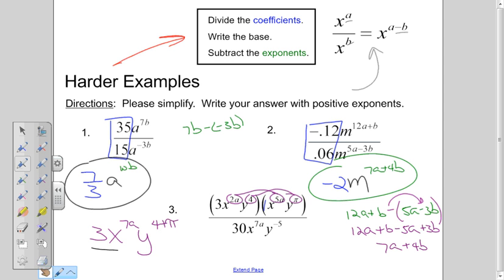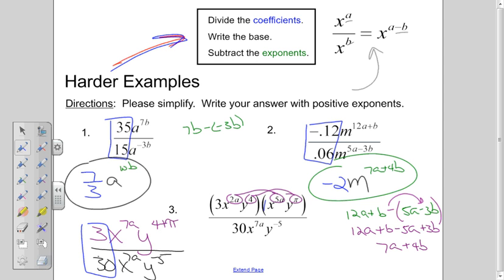Then I continue to copy my problem, which is 30 x to the 7a, y to the negative 5. Okay, so now I'm going to be applying this property here, because I'm concentrating on the division, and I get 3 divided by 30, which is 1/10. Now, if I see I've got x to the 7a over x to the 7a, well, last I checked, that just cancels because it's 1.